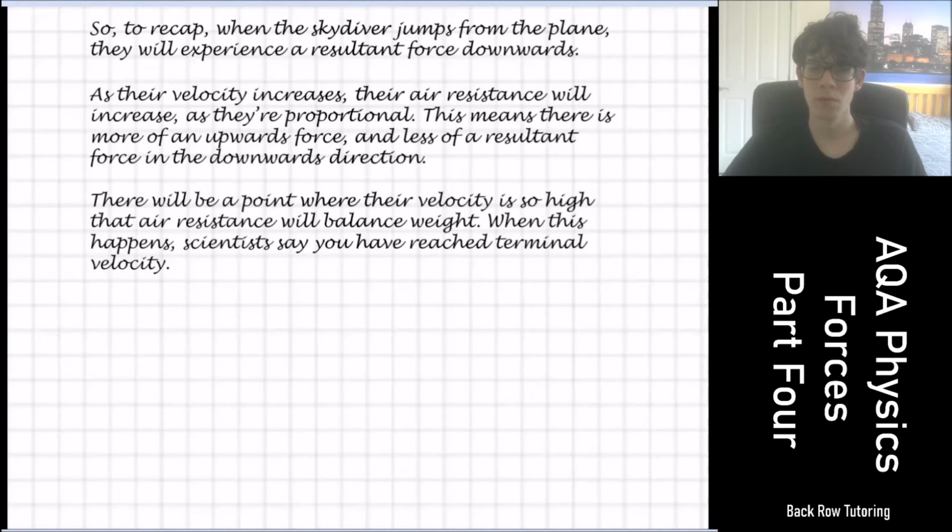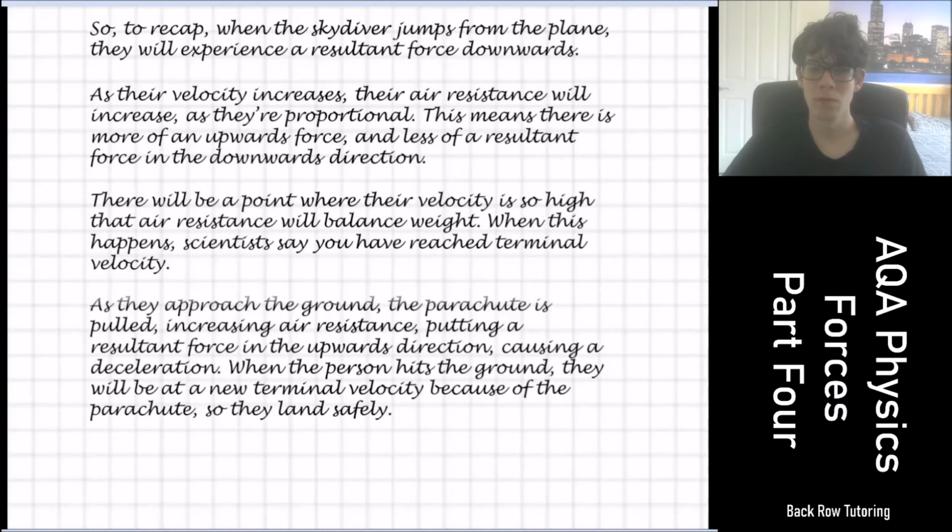When this happens, scientists say you have reached terminal velocity. As they approach the ground, the parachute is pulled, increasing air resistance, putting the resultant force in the upwards direction, causing a deceleration. When the person hits the ground, they will be at a new terminal velocity because of the parachute, so they land safely.